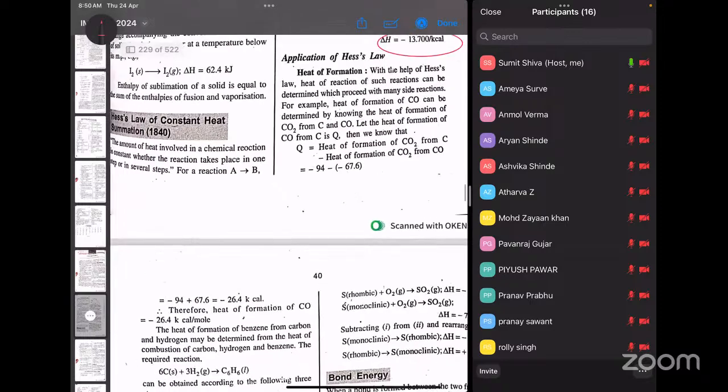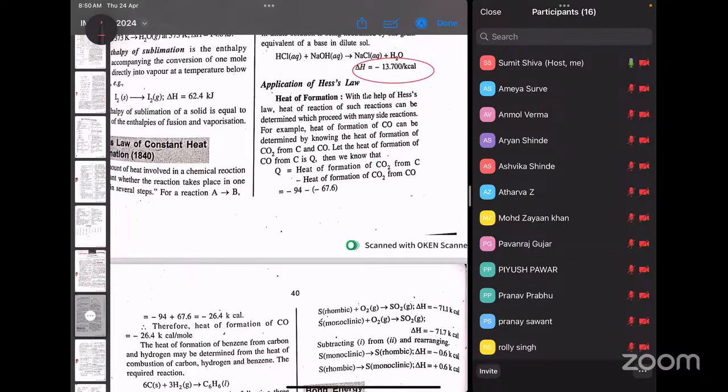Let's say you want to find out the heat of formation of CO, carbon monoxide.